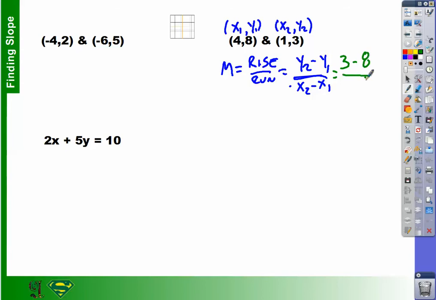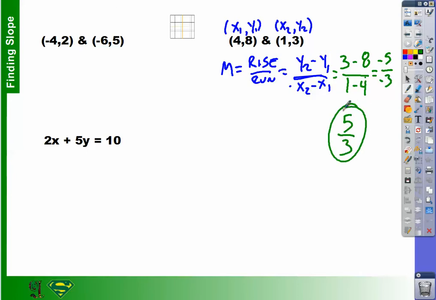What is my x2 value? 1. So 3 minus 8 is? -5. 1 minus 4 is -3. -5 over -3 is equal to? 5 over 3, because dividing a negative by a negative is a positive. So my slope is 5 over 3.